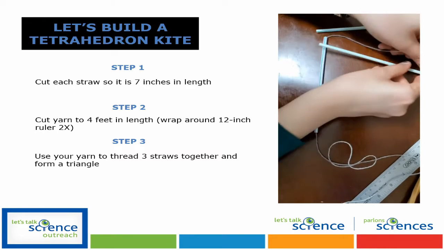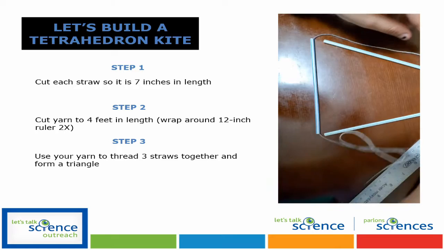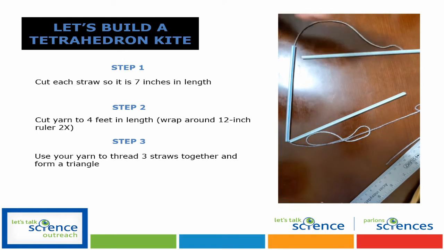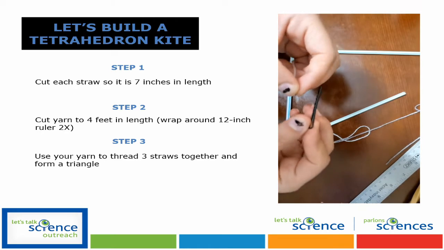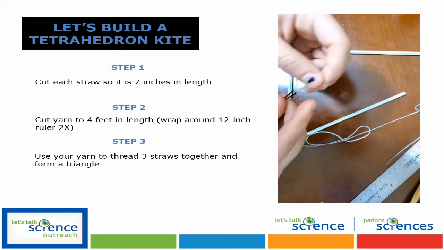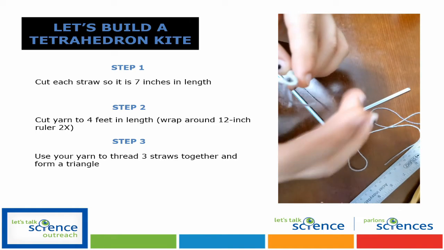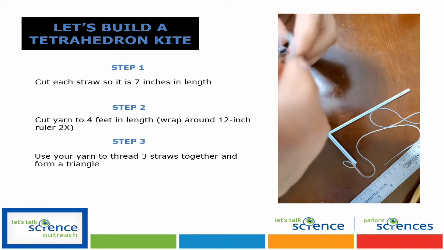Once your first straw is through, it's time to add the second straw. We recommend using a bobby pin to thread your yarn through the straw.